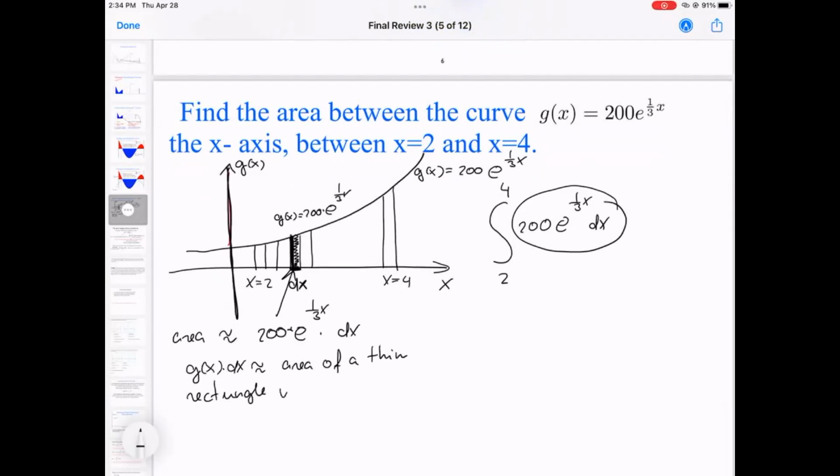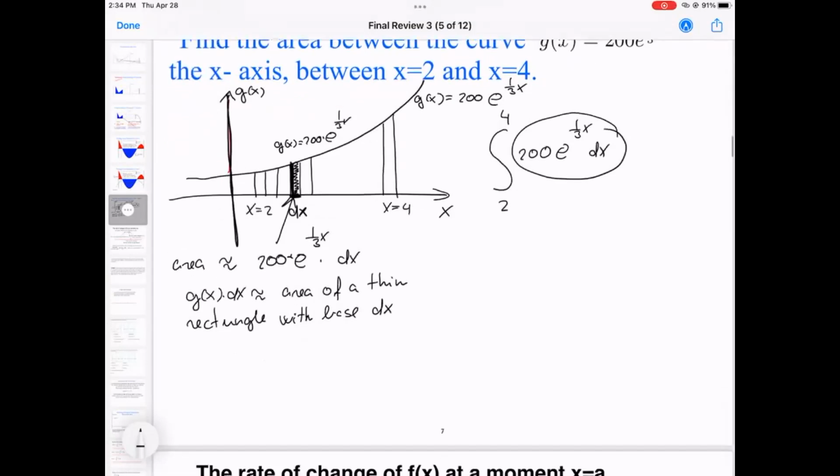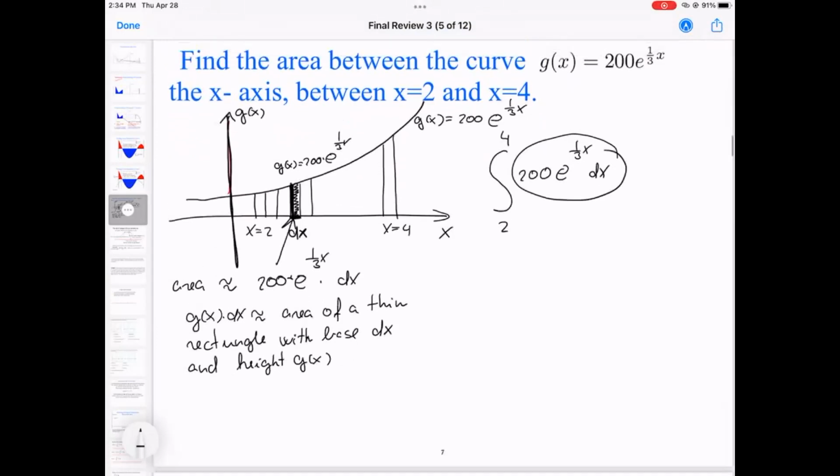with base dx, which is infinitesimal, and height g of x, which is the function. So what does this integral do?